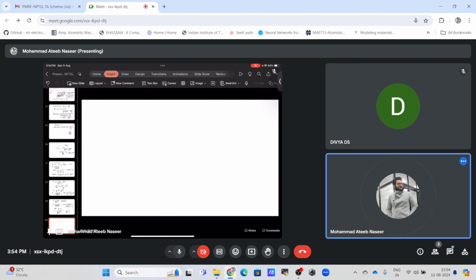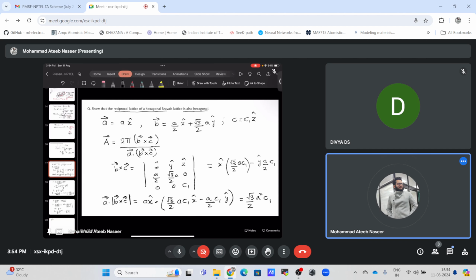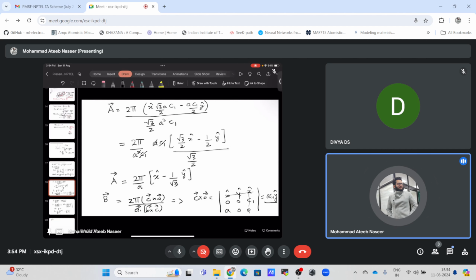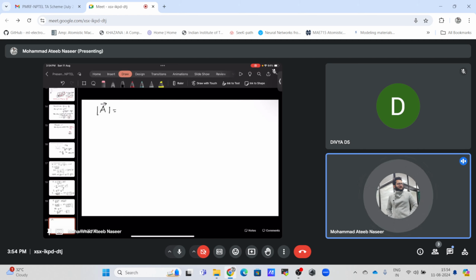First of all, let's find out the magnitude of reciprocal lattice vector A. A was 2π/a times (x̂ − 1/√3 ŷ). So the magnitude of reciprocal lattice vector A is simply the square root of 1² plus (1/√3)², so it is 4/3, and the square root gives 2/√3.